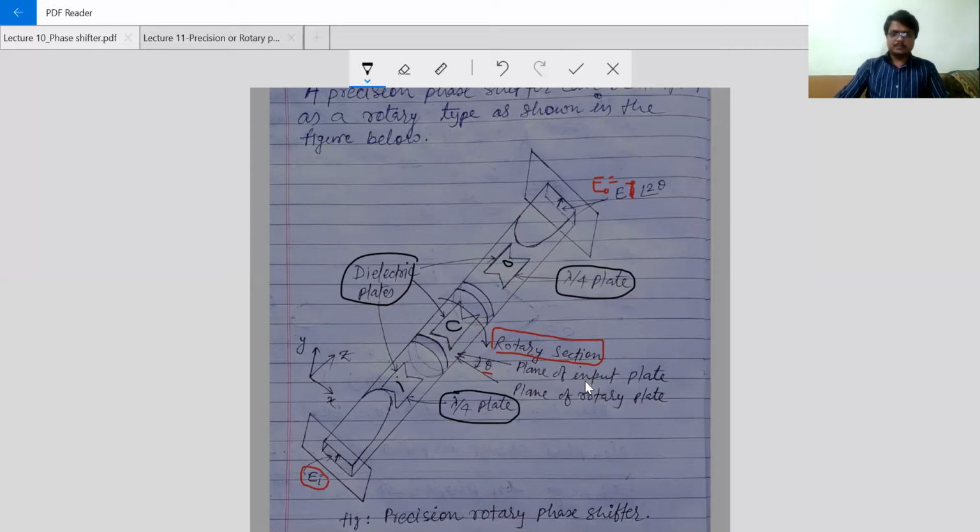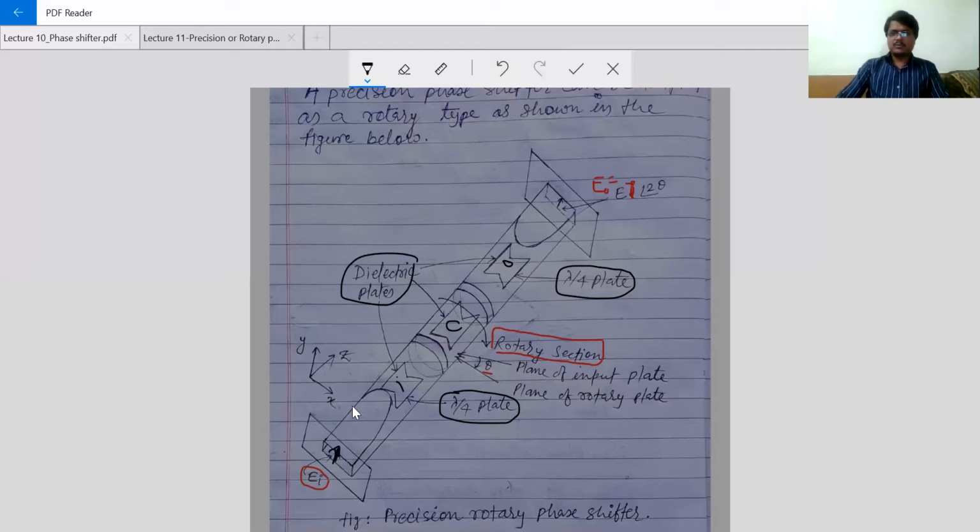This is the case, and this is the EI, the input electric field. The input electric field direction is this one, perpendicular, for the TE10 mode.